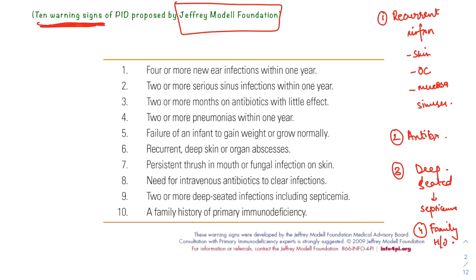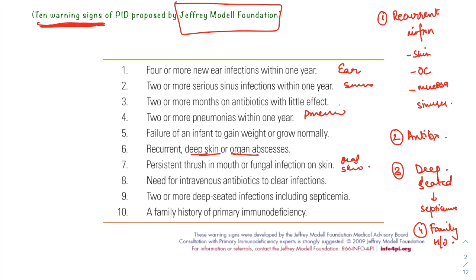So these 10 warning signs are based on the 4 basic points. First is the presence of recurrent infections. There will be infections of the ear, infections of the sinuses, infections of the lungs, that is pneumonias, deep-seated infections or deep skin or organ abscesses, and infections of the oral cavity and skin.